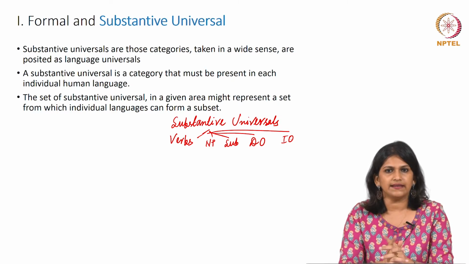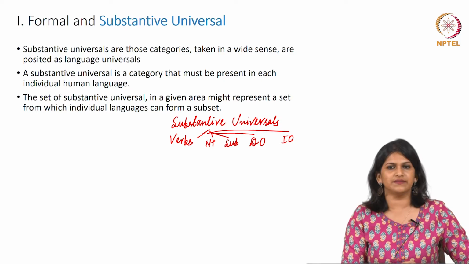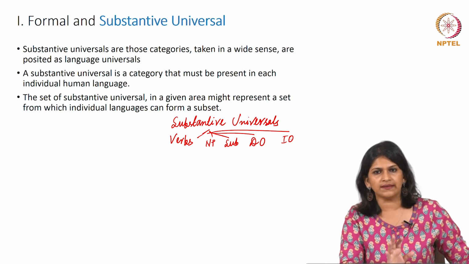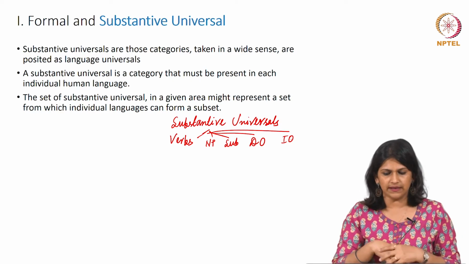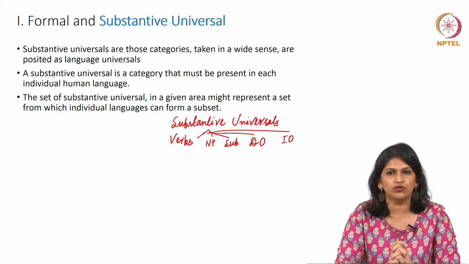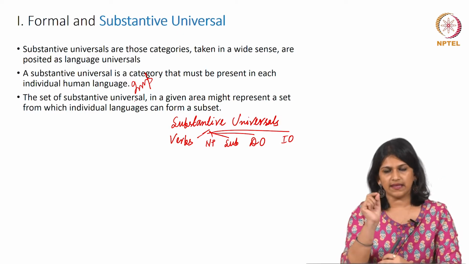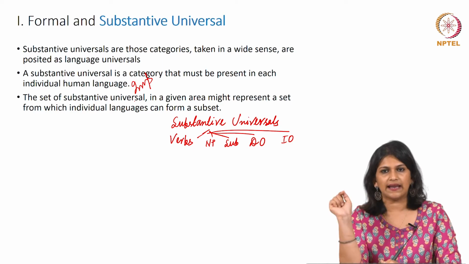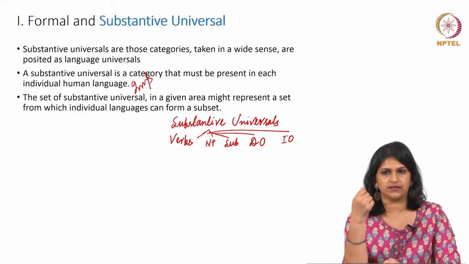In phonology you might have phonemes, phones. In morphology you might have morphemes. All of these are very common things which are available across languages. So, when you are trying to understand the substantive universals, this is a category that must be present in each individual human language. The second point on the slide is very important. These are the items in any language you are going to encounter, whether it is a verb, a noun phrase, a direct object, or an indirect object.